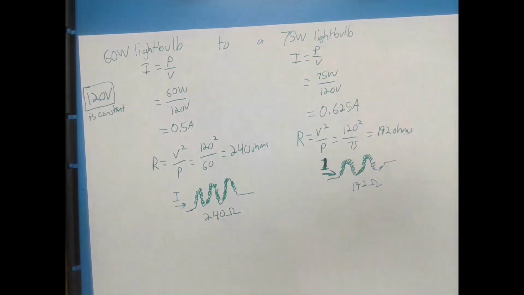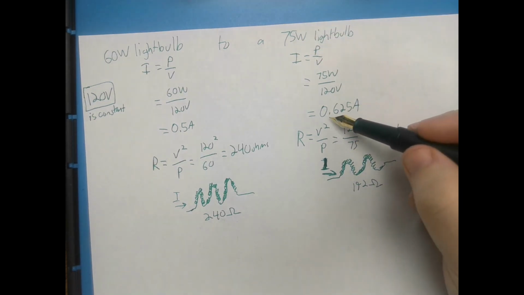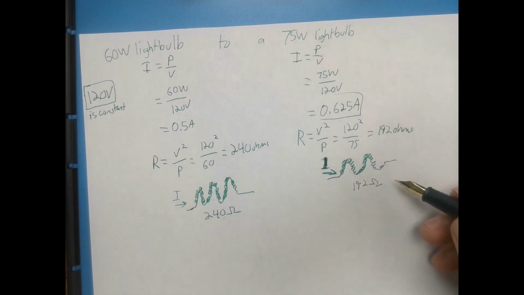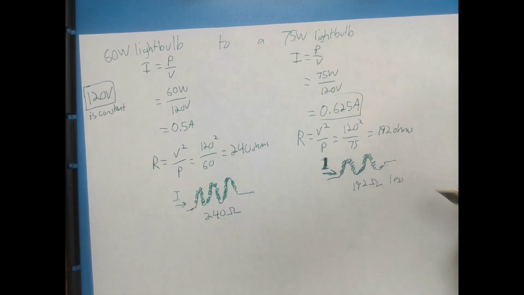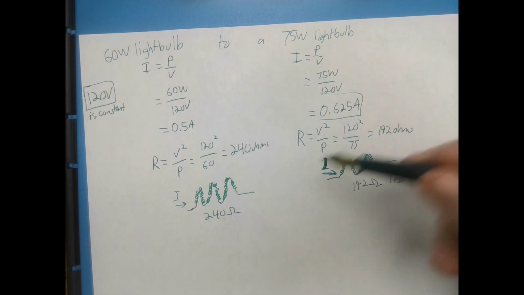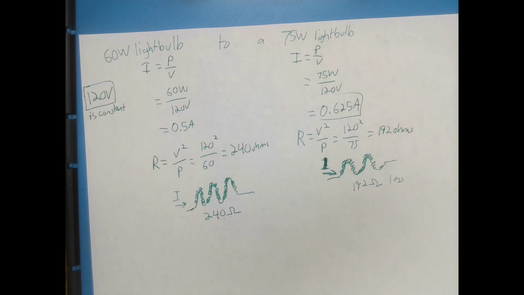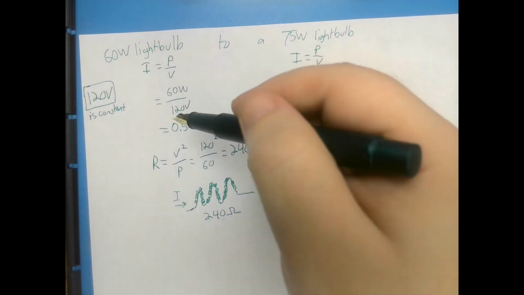A 75 watt light bulb has more current but less resistance. So less resistance means more current can go through it. Resistance is the property that resists the flow of current. So the 60 watt would use less amps.